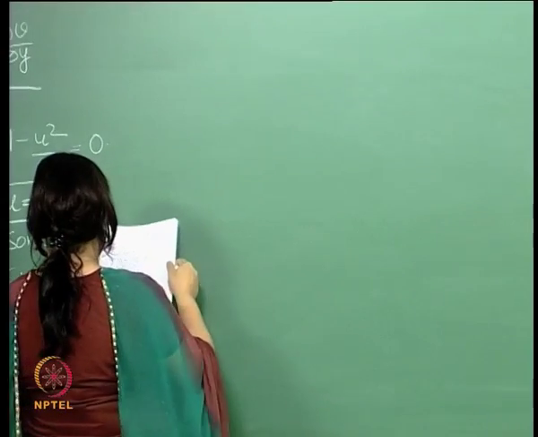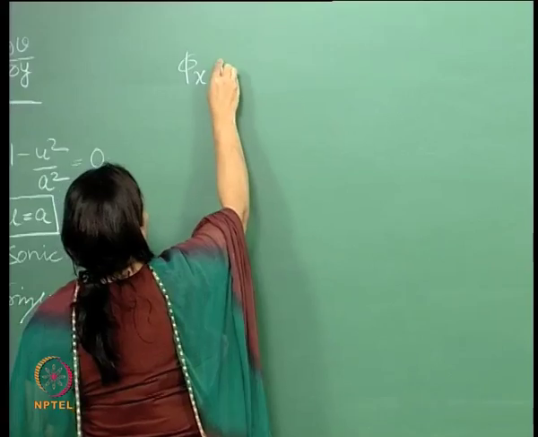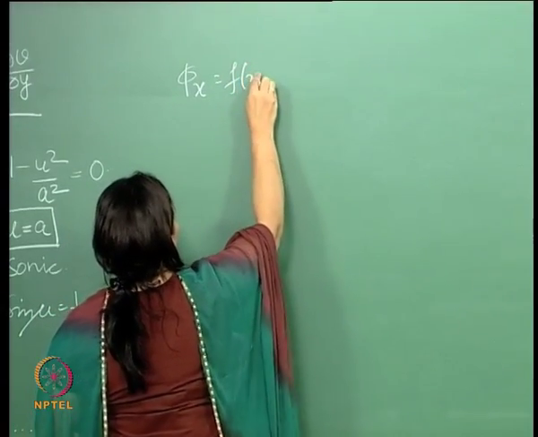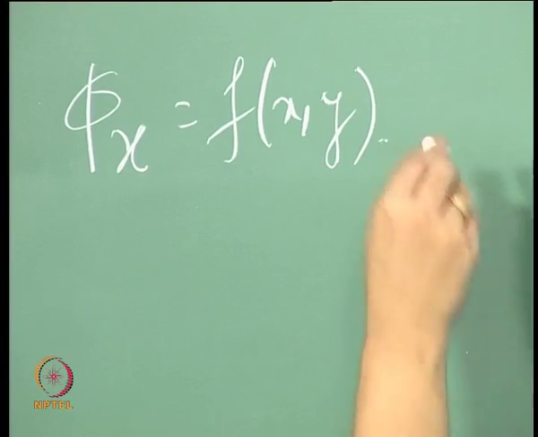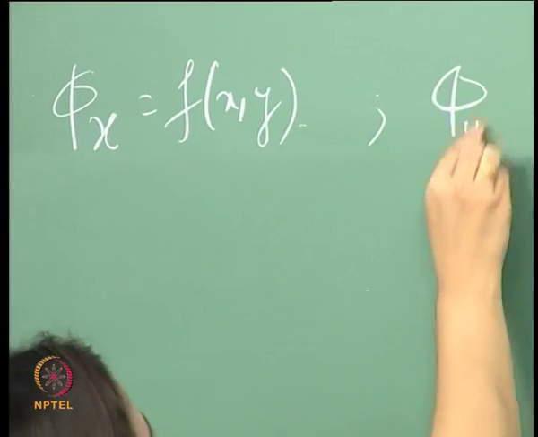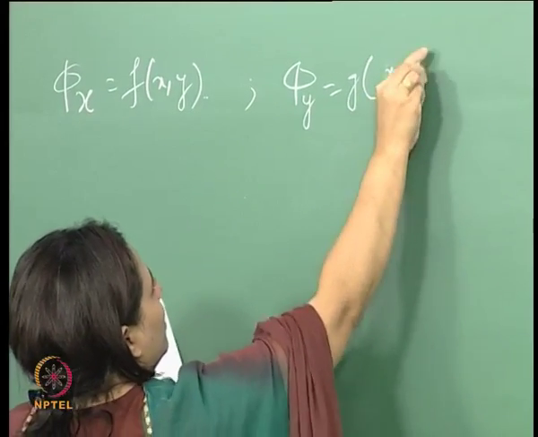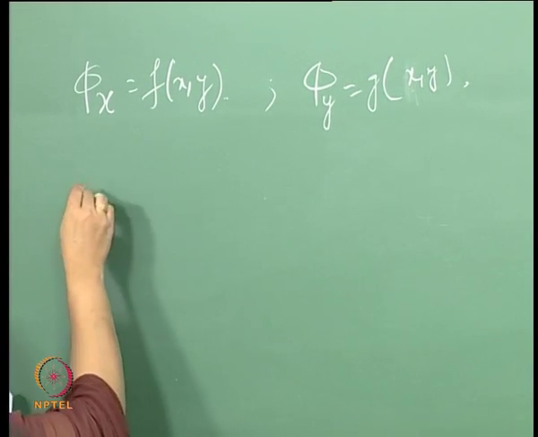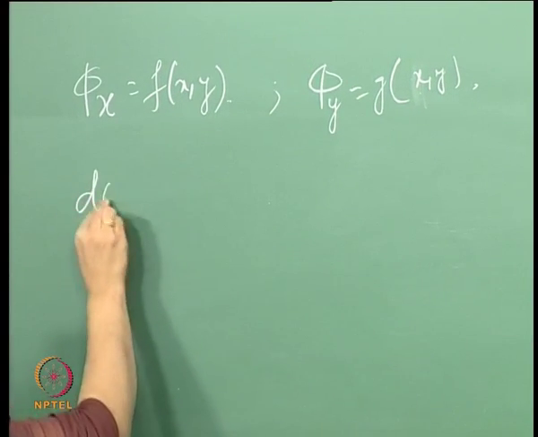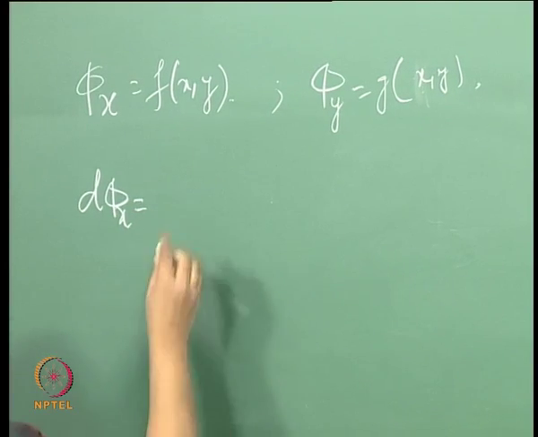So, we have the 2D equation and we have phi x. This is also a function of x and y. Phi x is a function of x and y, as well as phi y is a function of x and y. So, therefore, I can write d phi x.